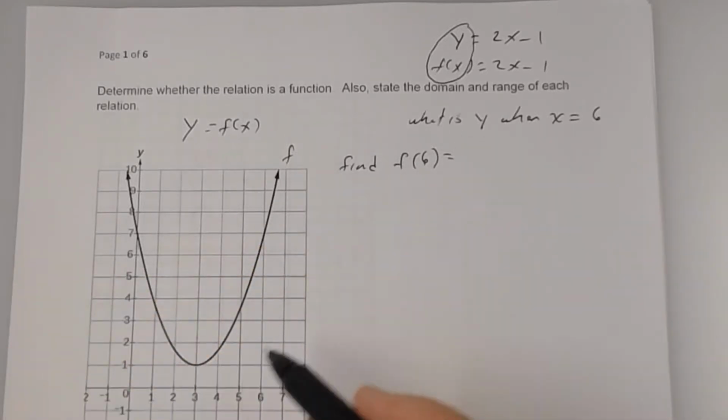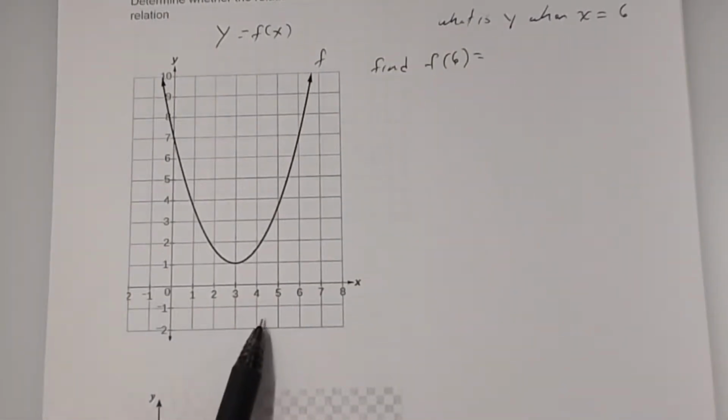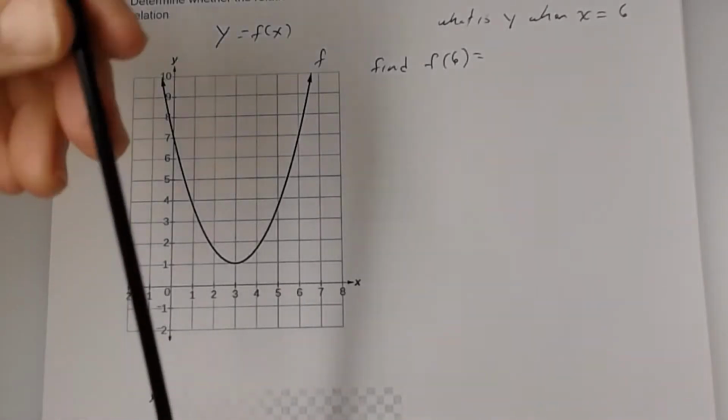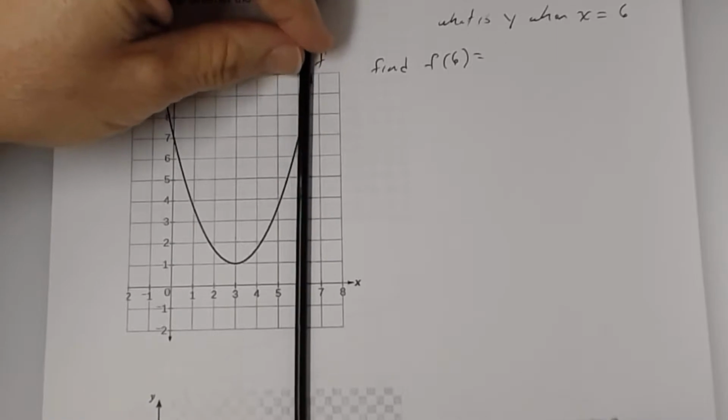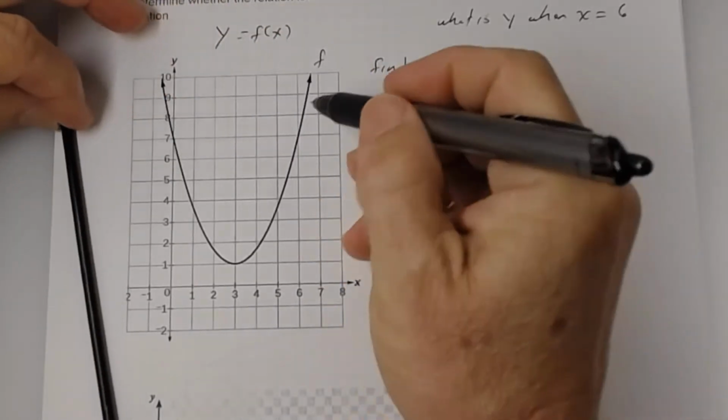So you go to your graph and determine, first of all, where on the x-axis is 6? Right here. If I take this and place it over 6, where does it cross the graph? Right here.